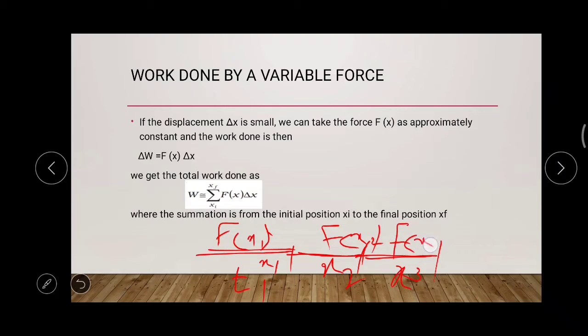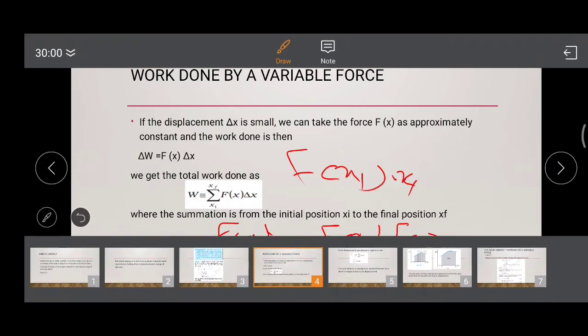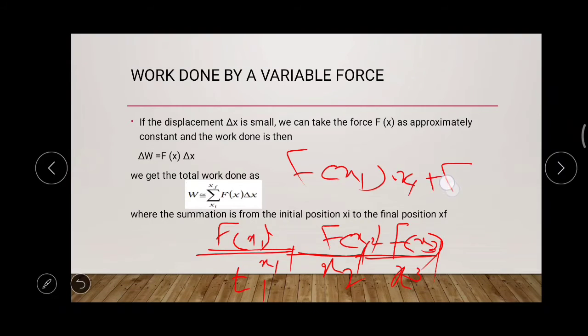where the force value is F of x3. So if you want to find the total work done there, the first term will be F of x1 dot x1, plus F of x2 dot x2, likewise plus F of x3 dot x3.